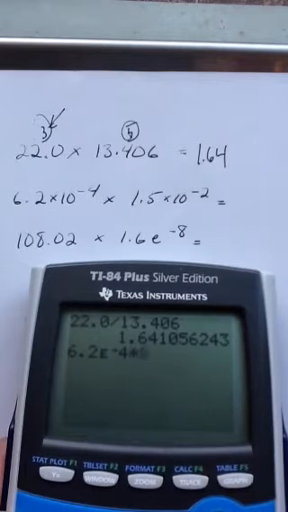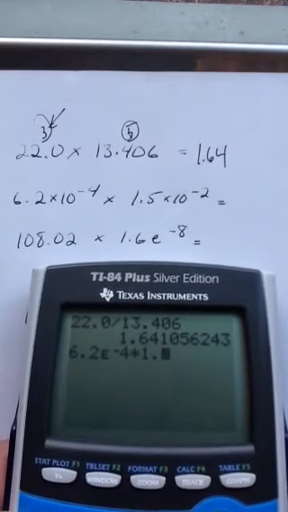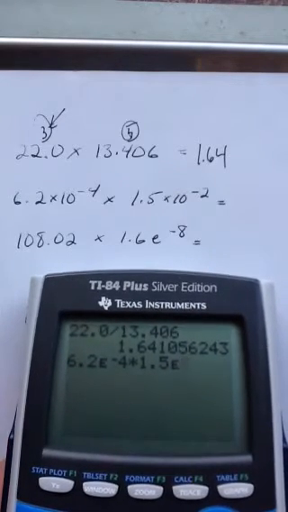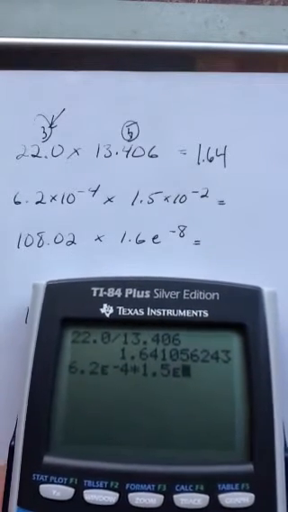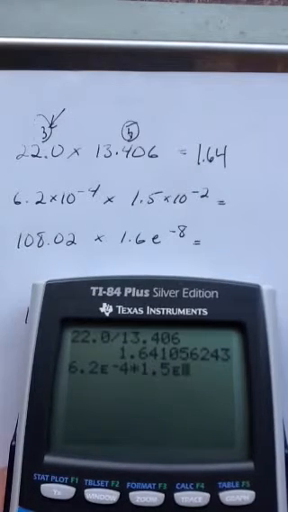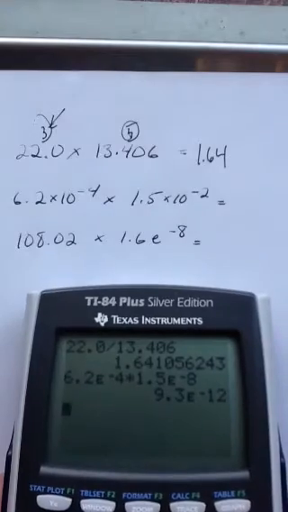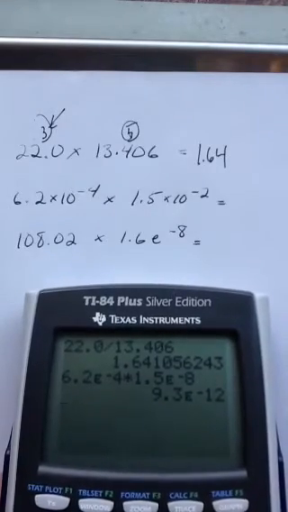And then multiplied by 1.5. Again, we're going to hit that second function E. You're looking for that double E button or the capital E button on your own calculator, and that's going to be to the negative eighth. And when we multiply those together, we get 9.3 e to the negative 12th.